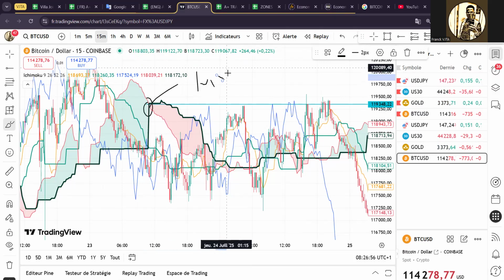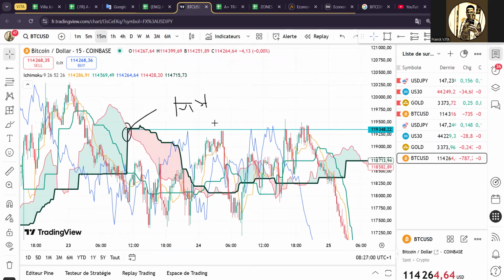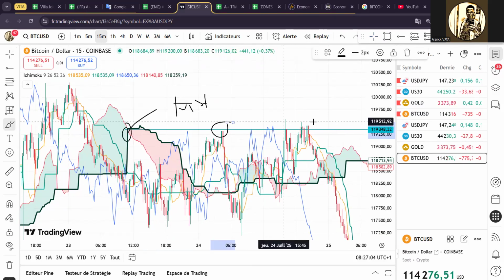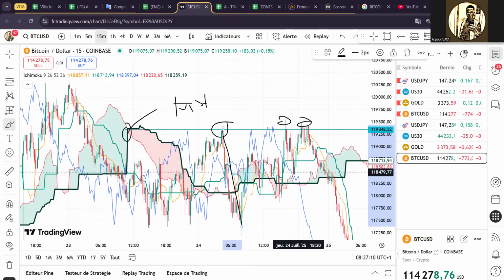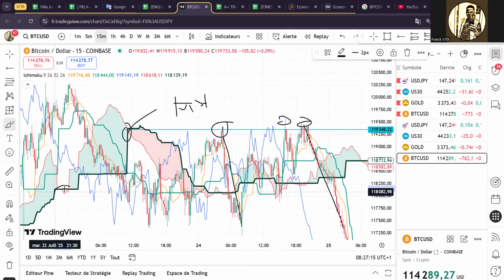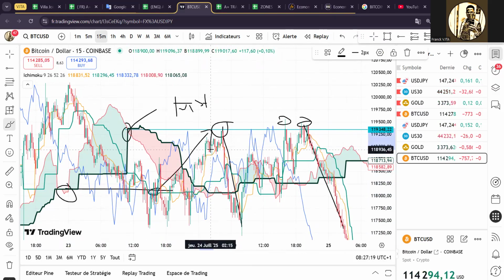By design, the twist is one of the highest points. It's like a resistance and a support for the market by design, so it will tend to turn the market down. So it's an A plus setup because from this point, you can know that the price will fall down. From this point, you can know that the price will rise up.